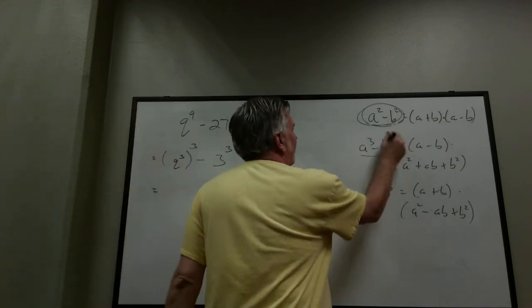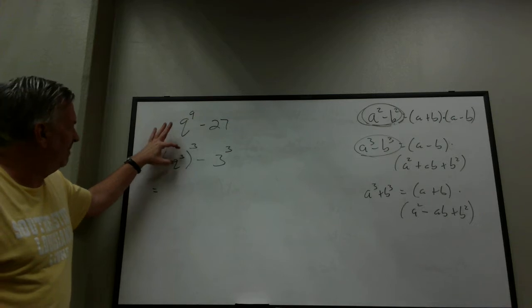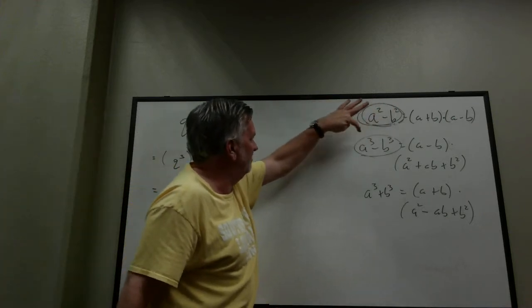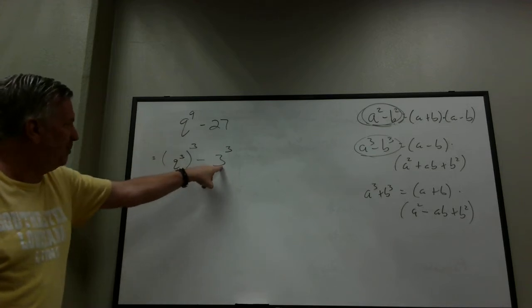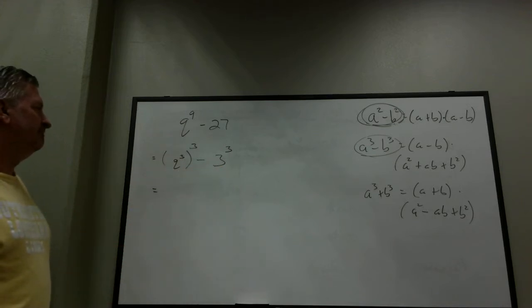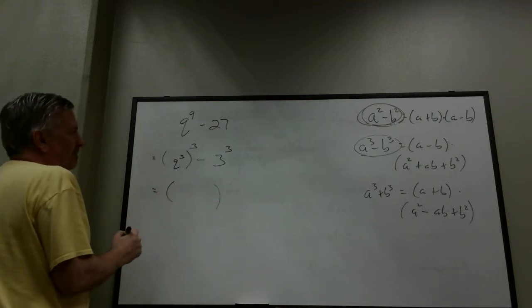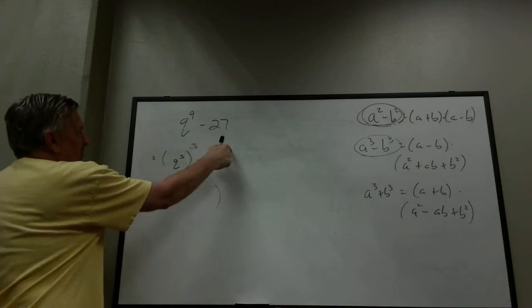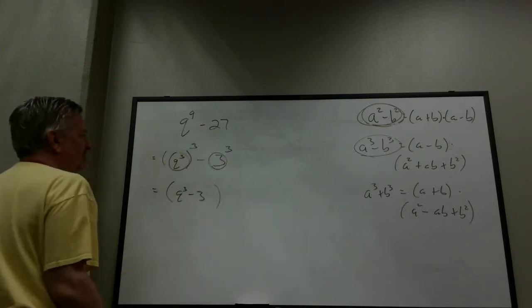Okay, so now what does it look like? It looks like this. Right, so what's my a? The 3's are these, right? 3, 3. But this is my a, q cubed, and b is 3. Okay, so how do you factor? Well, I'm going to tell you, drop the exponents. This will give me q cubed minus 3, just that and that.